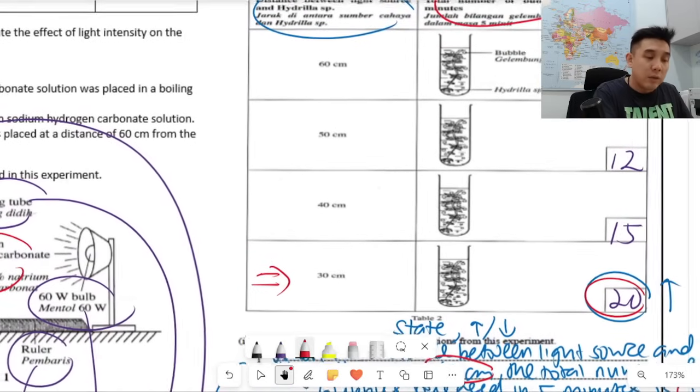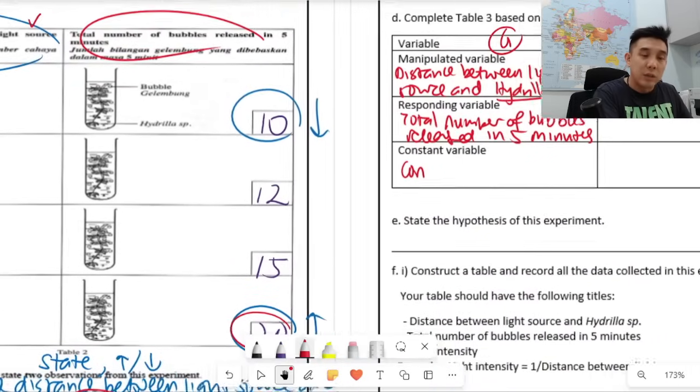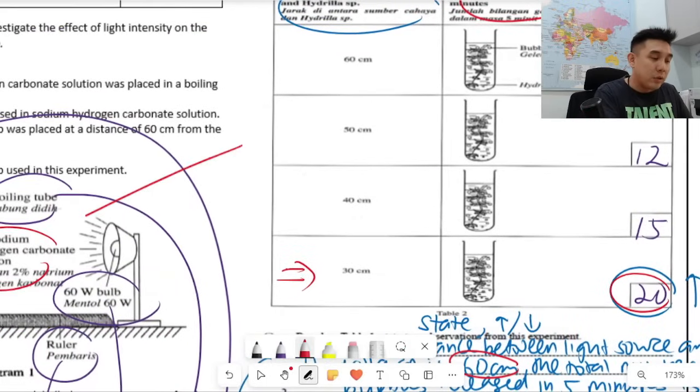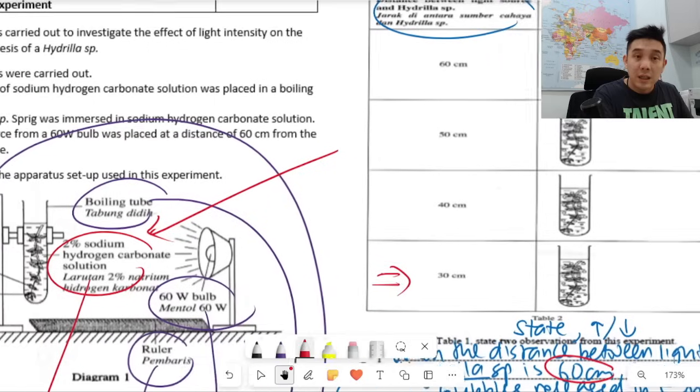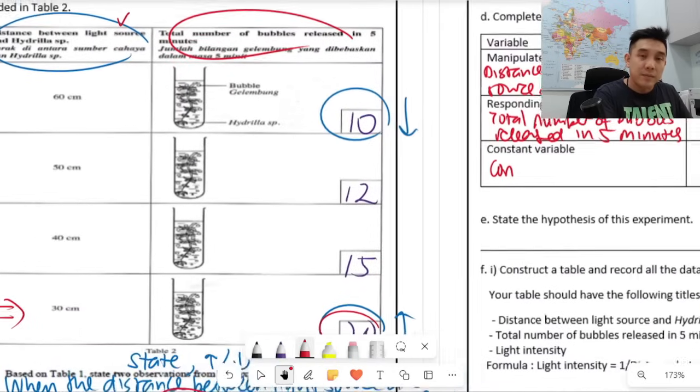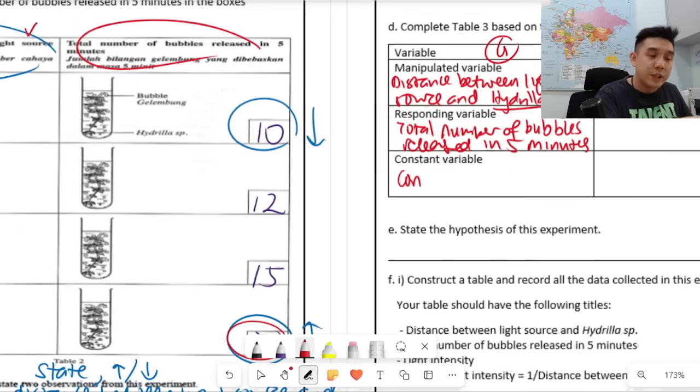Or concentration also can, guys, because you can see here the concentration is 2%. So I'll stick to concentration of sodium hydrogen carbonate solution. Okay, this one.